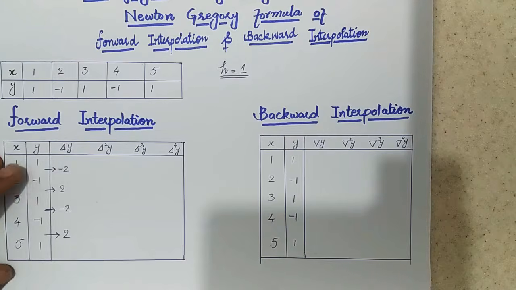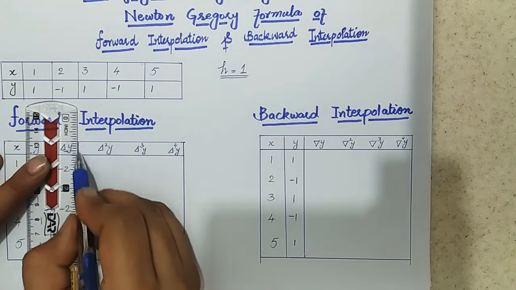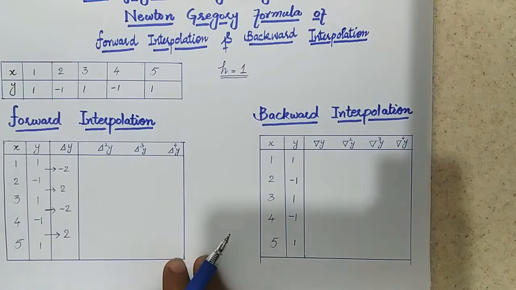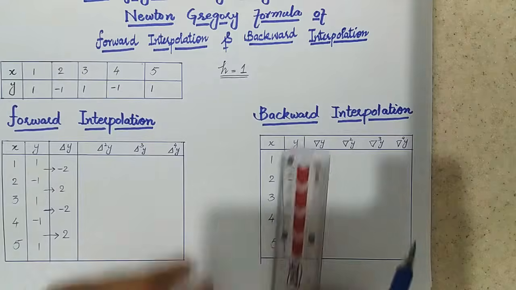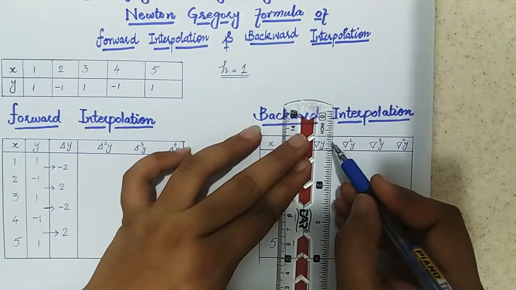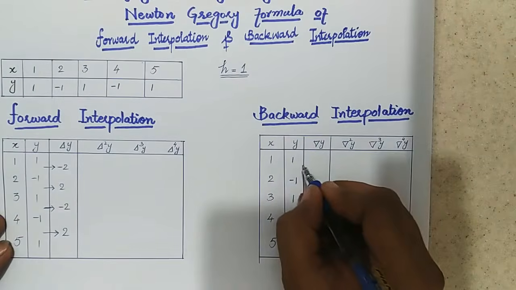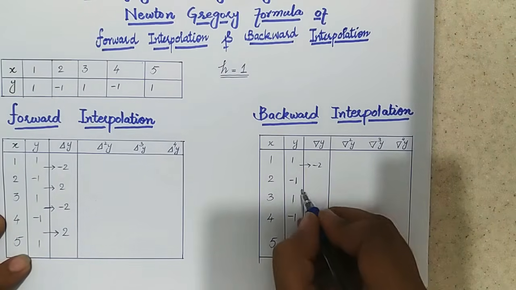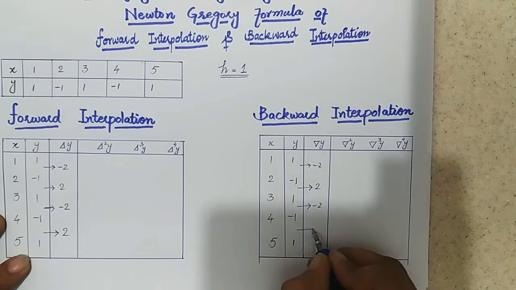So our first difference column has entries minus 2, 2, minus 2, 2. The same entries will be written for the backward operator: minus 2, 2, minus 2 and 2.